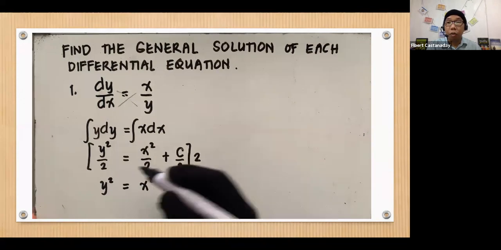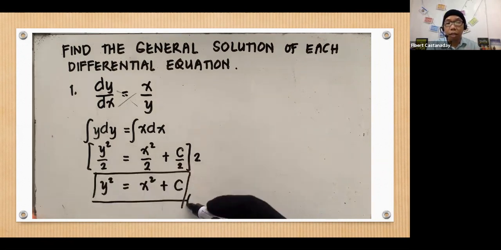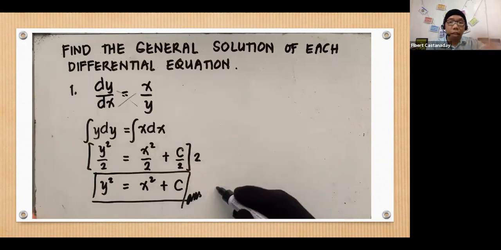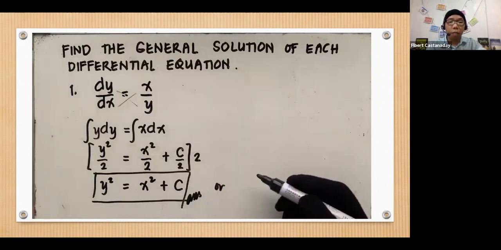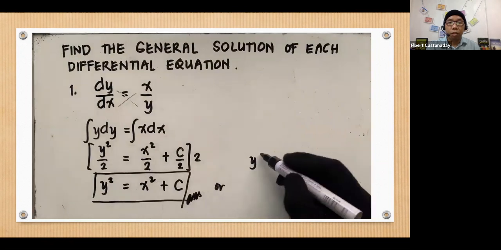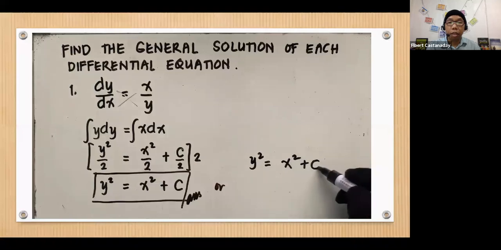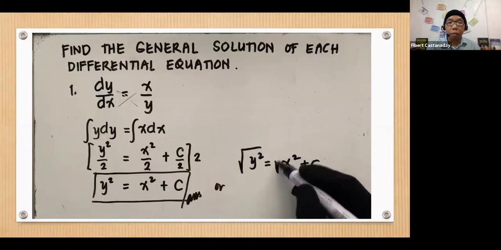So this is now your final answer, where the function of y is on the left-hand side and the function of x is on the right-hand side. Or if you are asked to solve for y, you can express your answer with y solved explicitly. To remove the square on y, take the square root of both sides of the equation.